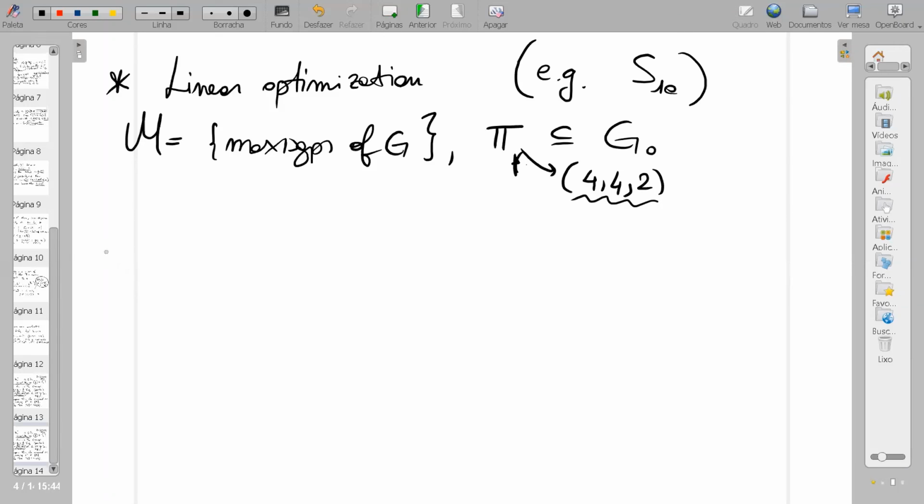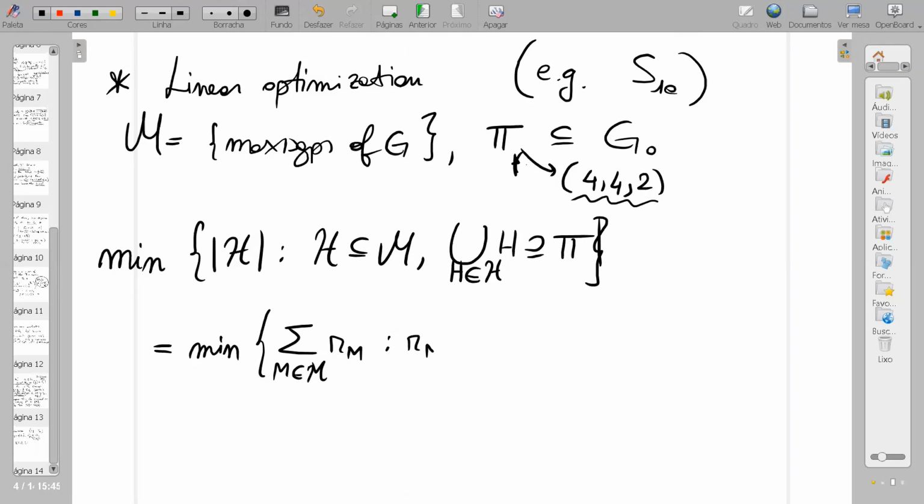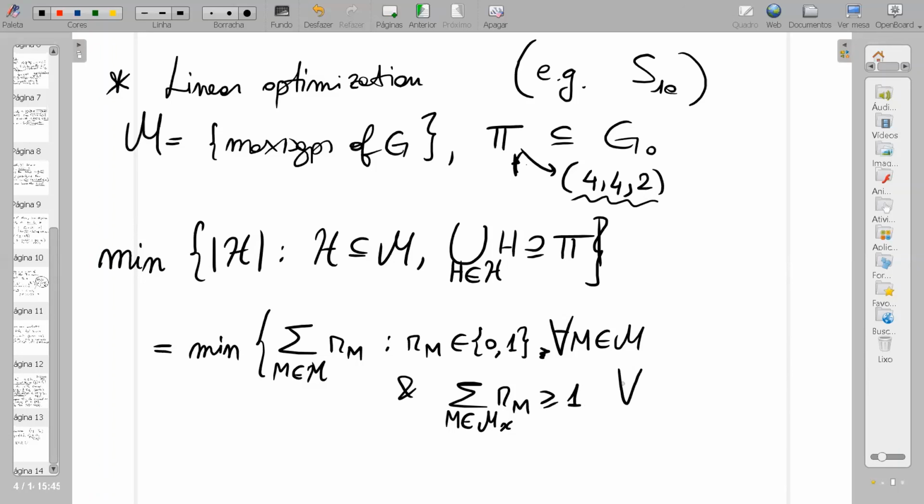Then the minimal size of a family H contained in M, such that the union contains pi, is equal to the minimal value of the sum over M in M of Rm, where Rm is in {0, 1} for every M, and the sum over M in Mx of Rm is at least 1 for every x in pi.